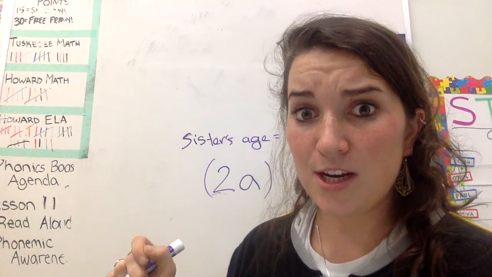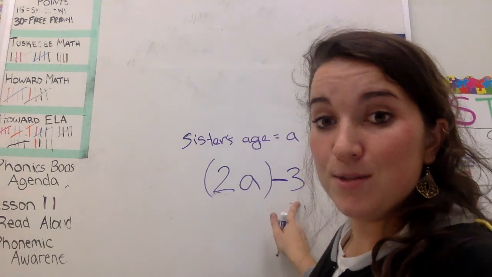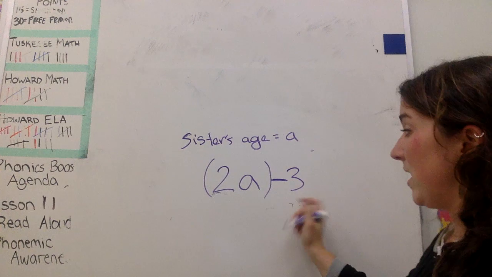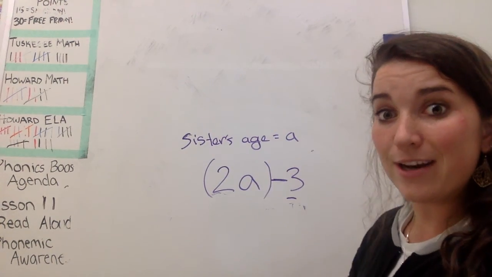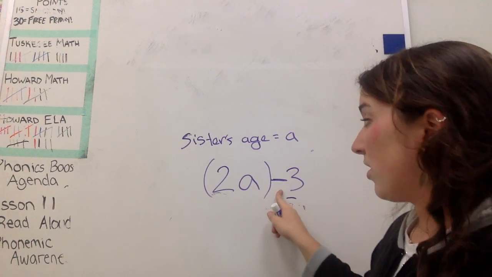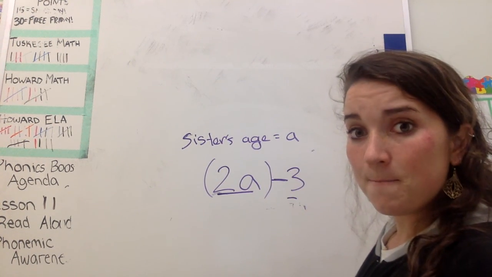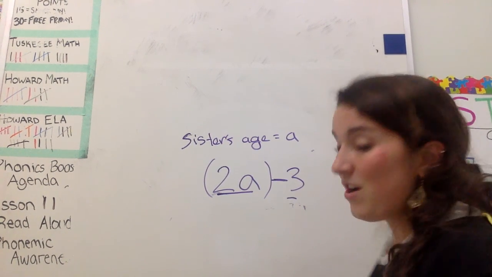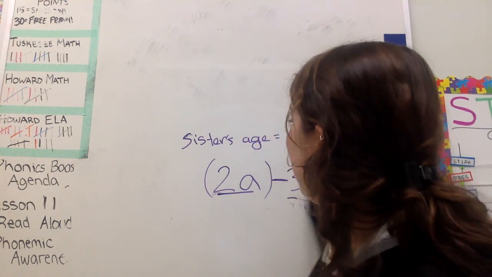So the next thing we need to do is subtract 3 from 2A. So he is 3 younger, so less than, right? Because younger means we need to go down. 3 younger than twice his sister's age, A. All right, one more that we need to do.